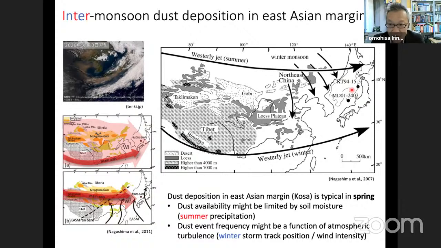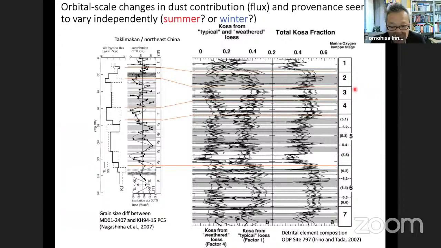variability. Actually, some of the dust reconstruction from the Japanese sediments suggests that the orbital-scale changes in the dust contribution flux look like this: lower in the interglacial and higher in the glacial times, and lower again in the interglacial times.